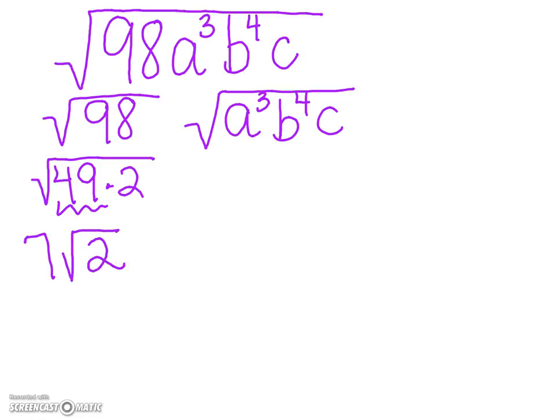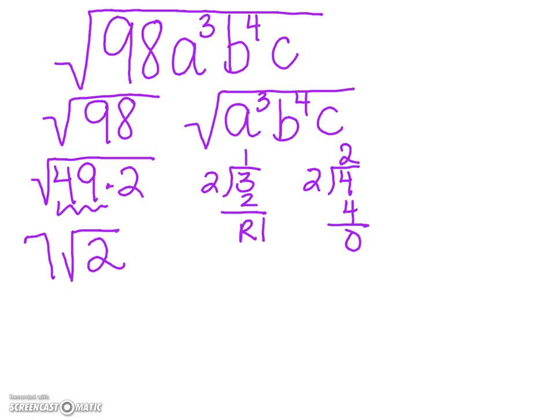Now, I'm going to come over here and look at my variables. 2 can go into 3 one time with the remainder of 1. 2 can go into 4 2 times with the remainder of 0. 2 cannot go into 1. So since 2 can't go into 1, I know the c has to stay under the radical.